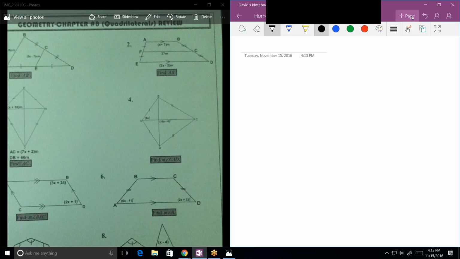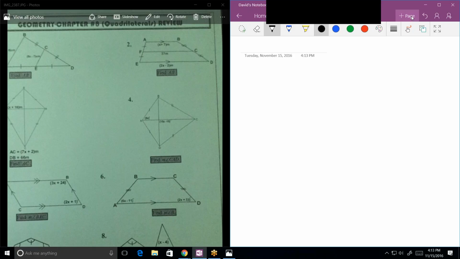Okay. The next figure. So we know that this is a kite, because a kite has two adjacent sides that are equal and those two sides are equal. And it's a quadrilateral. Yep. And then we also know that diagonal AC bisects diagonal DB.